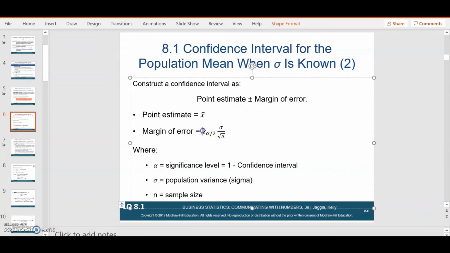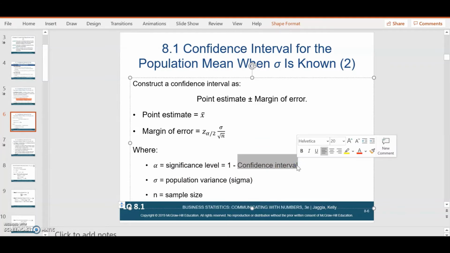First component is the z value based on certain significance level that is divided by 2. Second subcomponent is the standard error of the estimation. So this significance level denoted by the symbol alpha here is equal to 1 minus confidence interval.